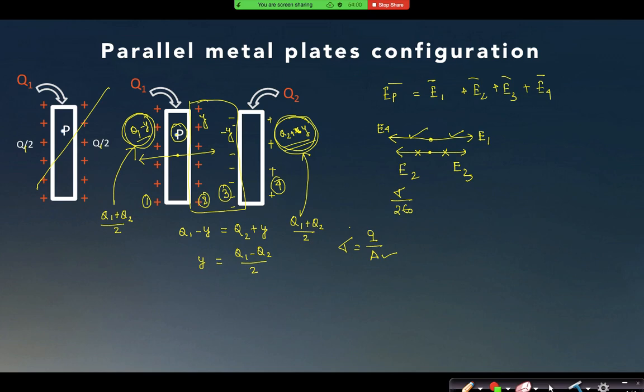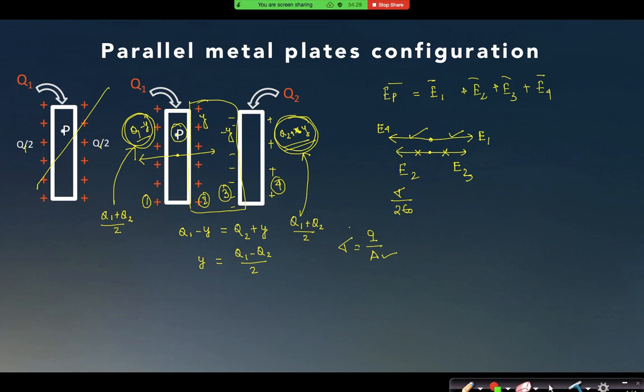And can I say what the charge value is? What is the charge on the extreme faces? It is not the average of the two charges, it is the average of the total charge of the system. Instead of two plates, if I give you 10 plates or 100 plates, to find the charge on the extreme faces you add all the charges and divide by 2.